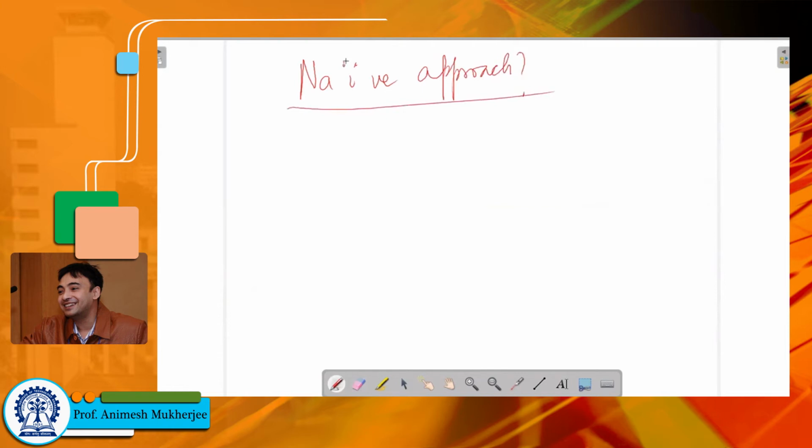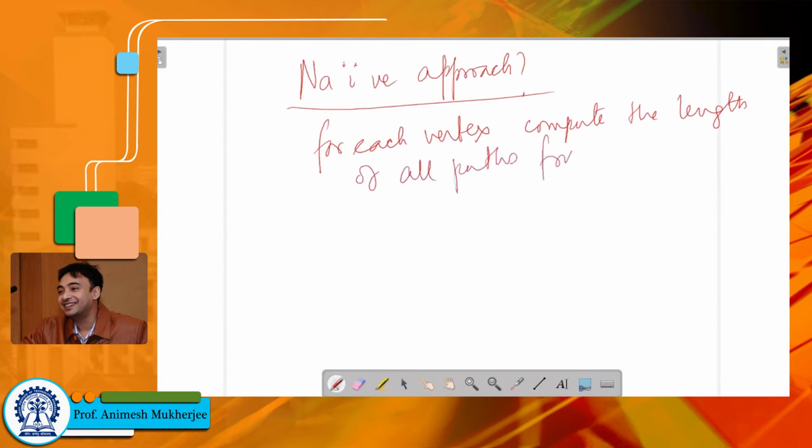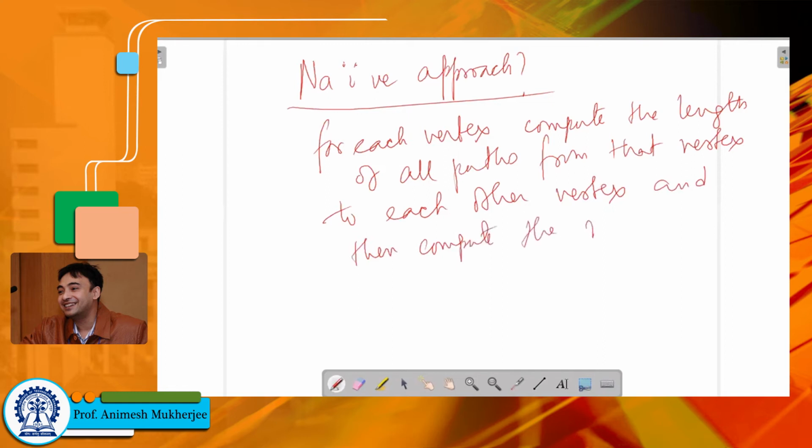If we think a little bit, a very naive approach would be, for each vertex, you compute the length of all paths from that vertex to each other vertex and then compute the minimum of this.